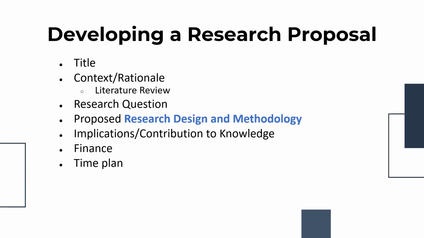So once you have your research question, you may want to develop a research proposal. So how are you going to go about doing your research? Typically, this will involve the title, background, so establishing the context and the rationale for your research, and the findings of your literature review, your PICO research question, and then your proposed research design and your methodology.